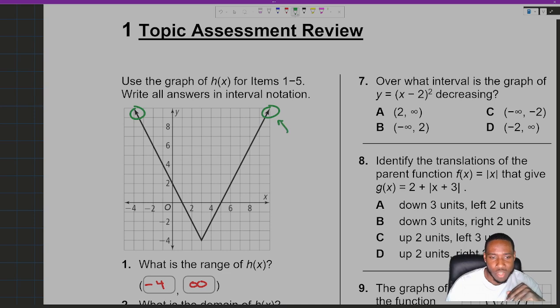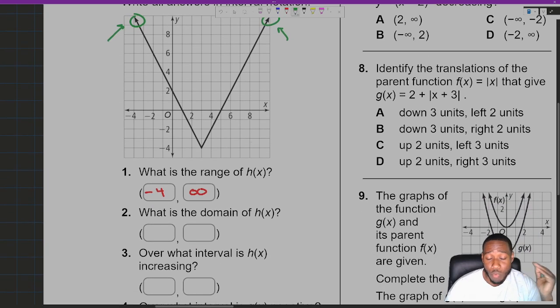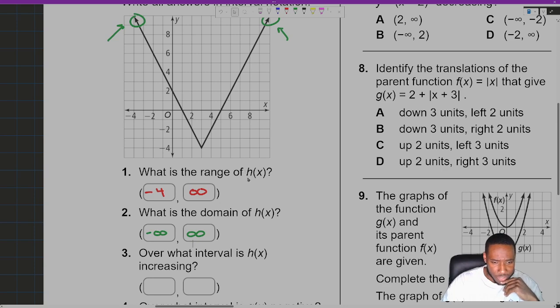So those arrowheads indicate to us that the domain for this function, and this is true of all absolute value functions, is going to be all real numbers from -infinity to positive infinity. So its range is finite, at least on the bottom end. It goes to -4 and goes up to infinity. But for the domain, that's infinite. Again, that's true for all absolute value functions.